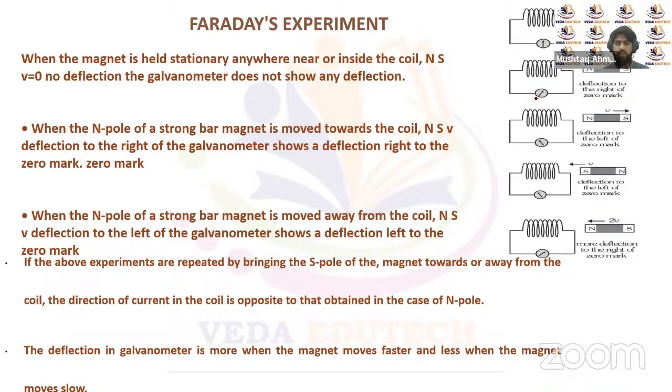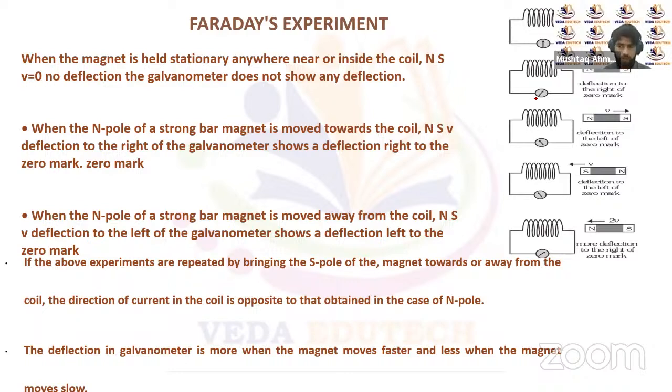So he observed that whenever a magnet placed near this circuit is moved towards this conductor, some deflection is observed with the help of the galvanometer, meaning current was measured.